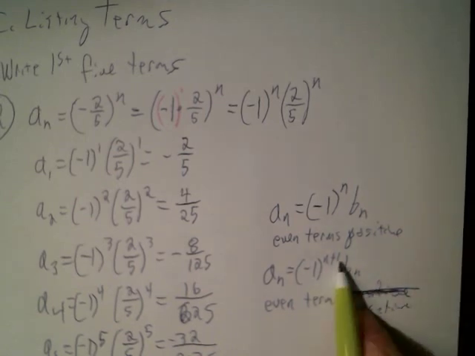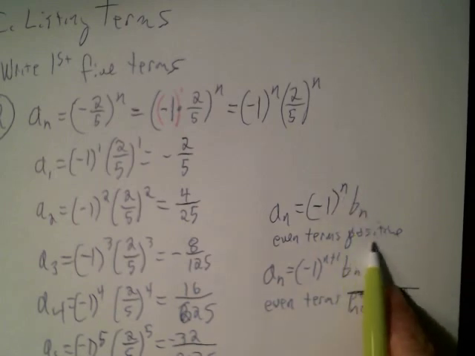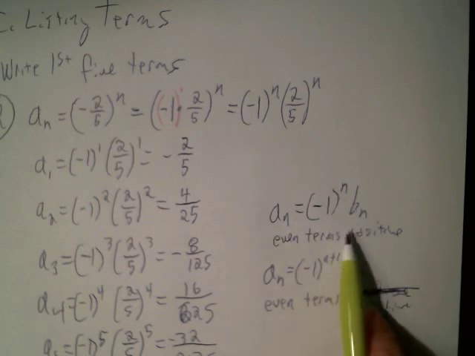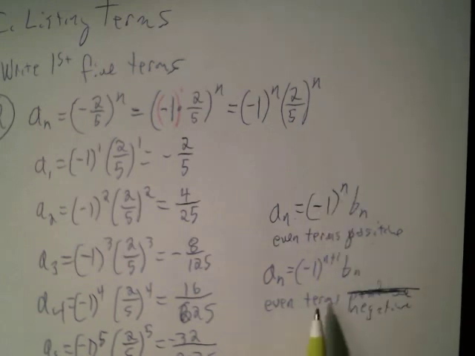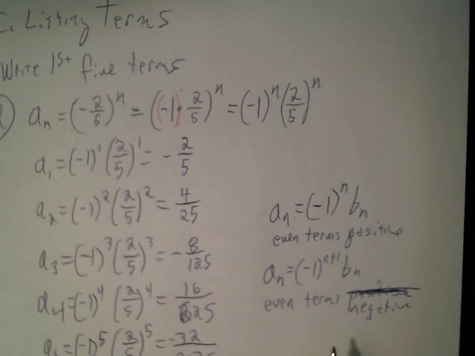Because in this case, the exponent will be even when n is even, and in those cases it'll be positive. So negative to an even will be positive. In these cases, you'll have an even number plus 1 will be odd, so you have a negative to an odd whenever it's even, and therefore it'll be negative.